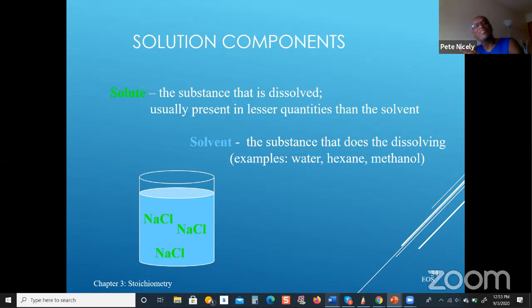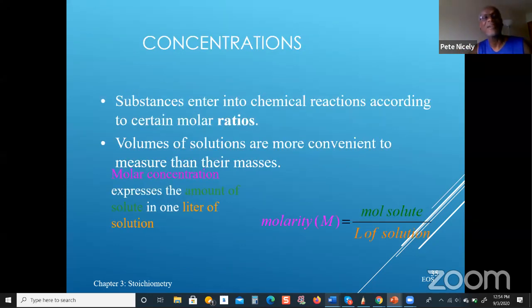The solute is basically the substance that's being dissolved. The solvent is the substance that is doing the dissolving. Typically, if you have a solid dissolved in a liquid, then the solid will be the solute and the liquid will be the solvent. If you have two liquids, one dissolved in another, then the solute would be the liquid in smaller proportions and the solvent would be the liquid in greater proportions, all right?